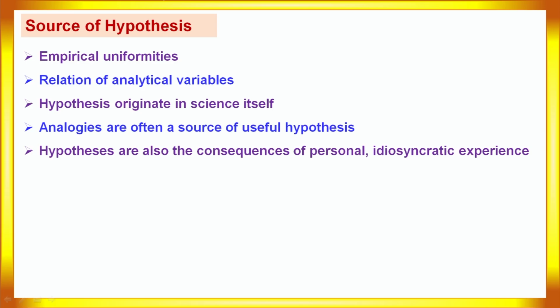Secondly, a hypothesis can be deduced from the relation of analytical variables. Like if you take the example of human fertility, it shows empirical regularities with wealth, size of the community, region, religion, etc. So, your hypothesis may be the relation between fertility and religion. That may also act as a source of hypothesis.